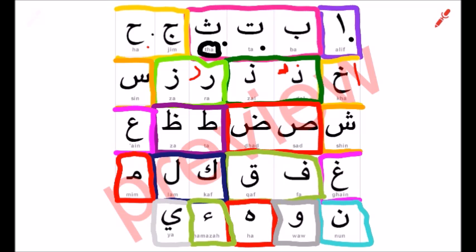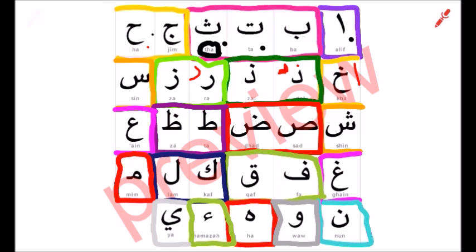The lighter green box we're moving on to. First letter Ra, that's how it's pronounced, and its brother or sister, however you want to put it, family member is Za. Very different in the way it's said. Ra and Za. Yes, Ra comes in at a curve just like Za.